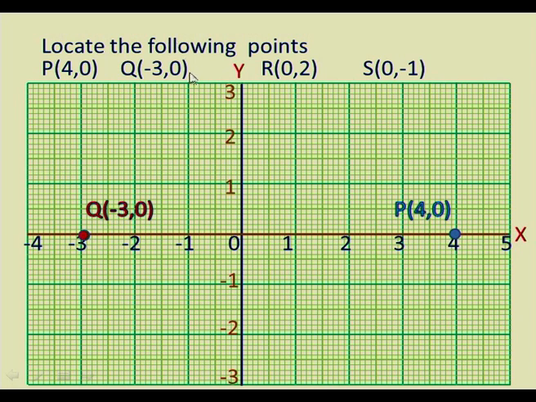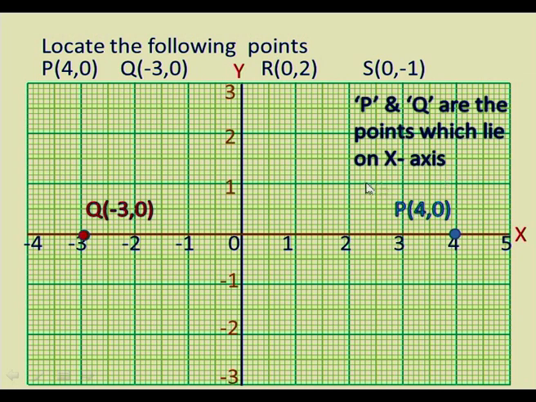That means, when the y value is 0, you are able to find those points on the x axis itself. So, you can say that P and Q are the points which lie on the x axis. This is the speciality you can find here.